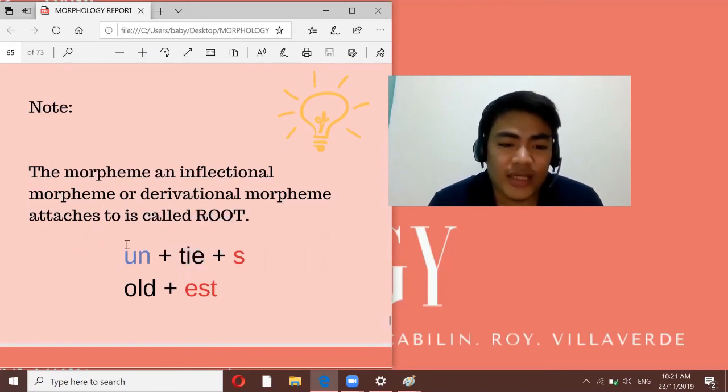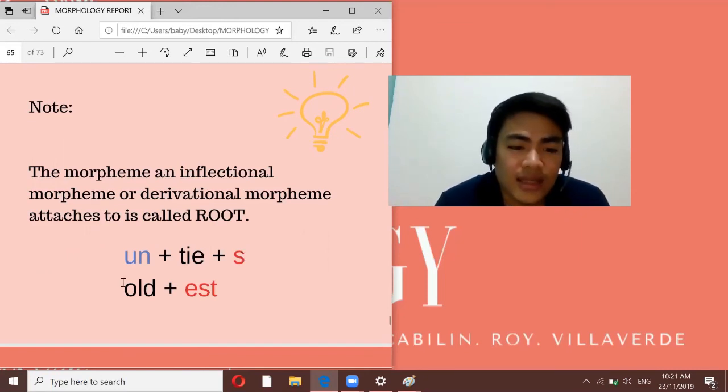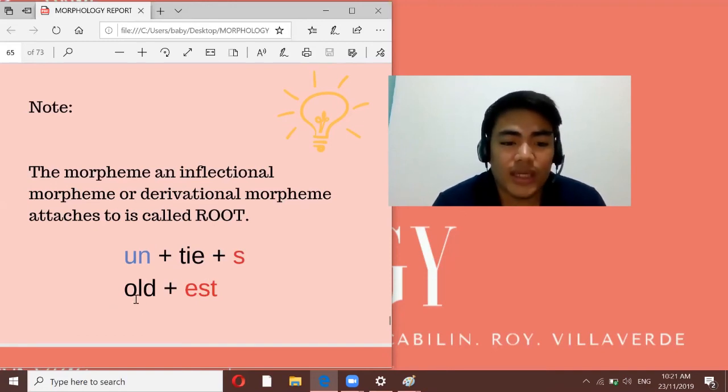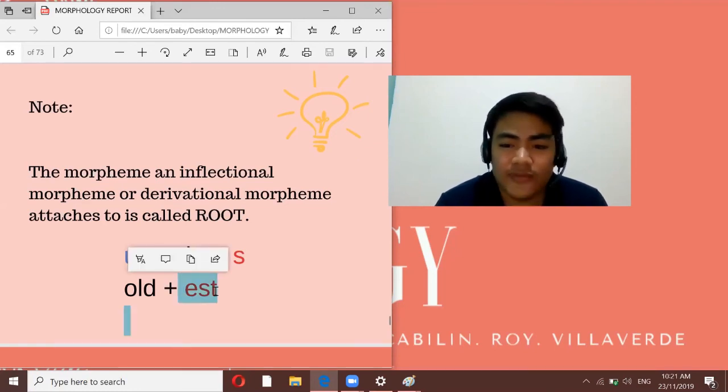And we connected two morphemes to it, the adjective forming un and the present tense inflection s. And then for this adjective, oldest, of course, the root is old, and we have the superlative inflectional morpheme est.